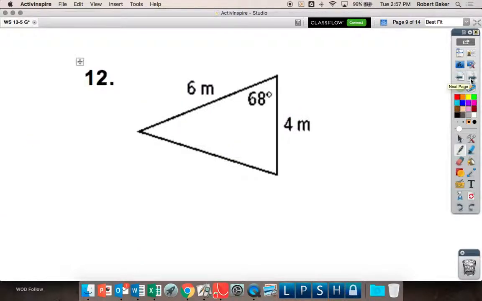To calculate the area of this triangle, just watch. 1/2 times 6 times 4. Why have we never used this before? Because every triangle I gave you looked like this.